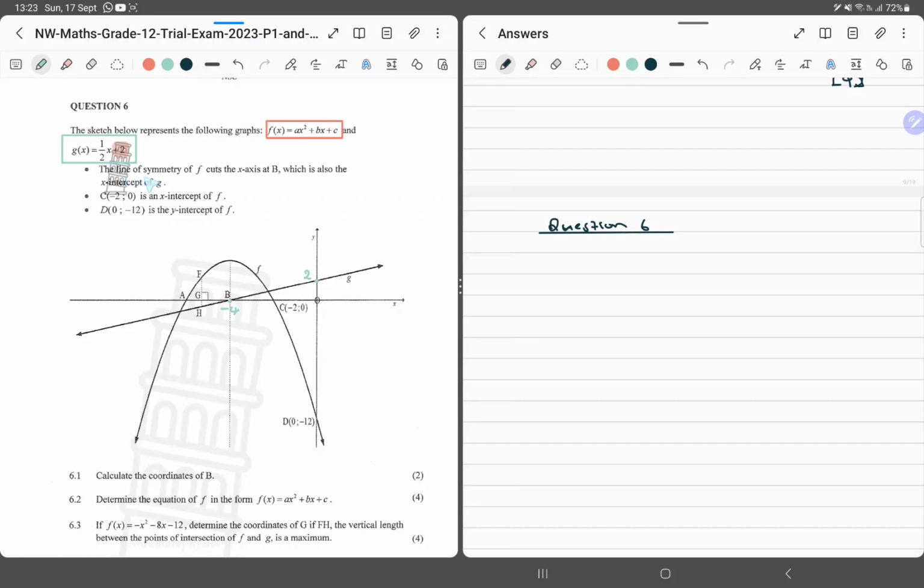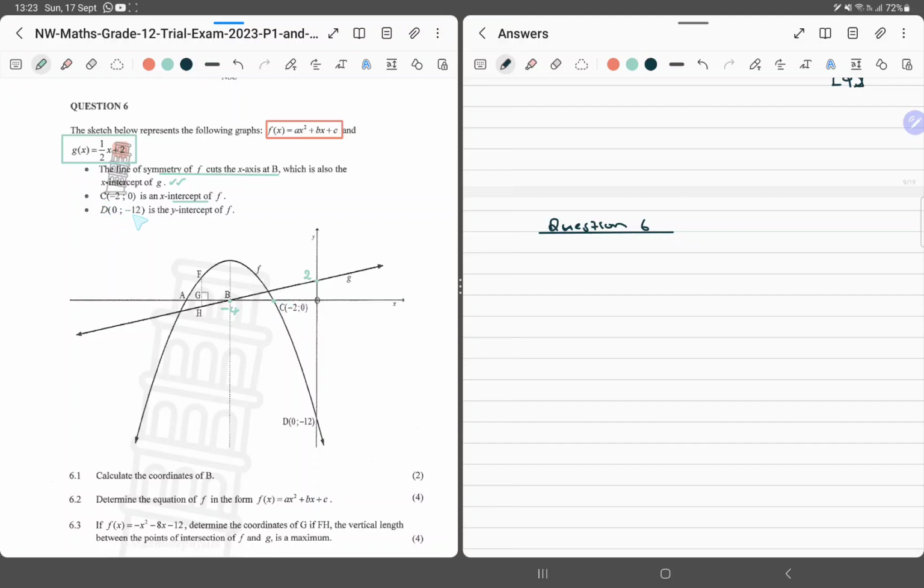Okay, now we're told the line of symmetry, can you see, cuts the x-axis at B. Done. We've sorted it. Which is also the x-intercept of g. Can you see that? Very important information. C, which is (-2; 0), is the x-intercept of f. So this means C is this point over there. Okay.